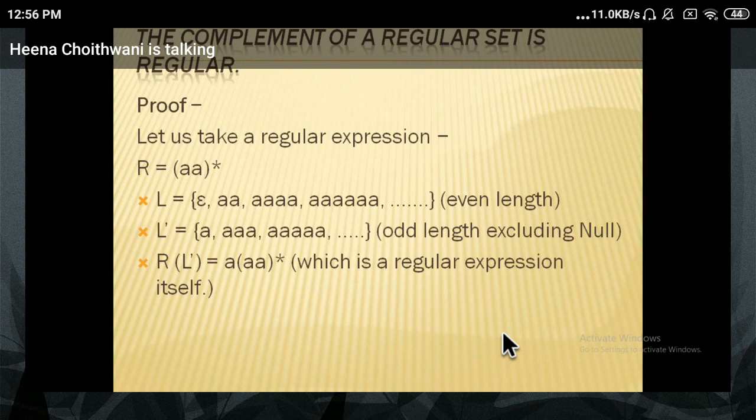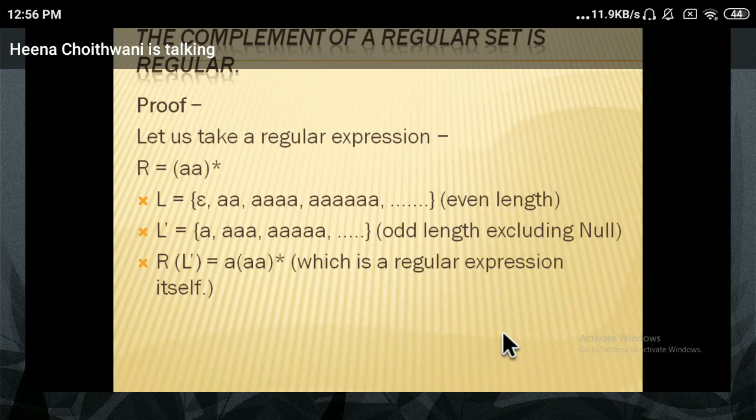That is, singleton symbols are always regular. And A star is given in the question that it is regular, right? So can we say A concatenate A star is regular? I'm just manipulating, I'm representing my A complement so that I can prove that it is regular.